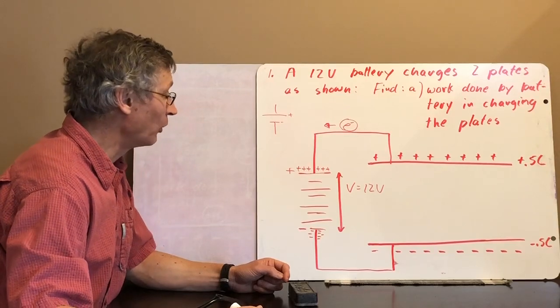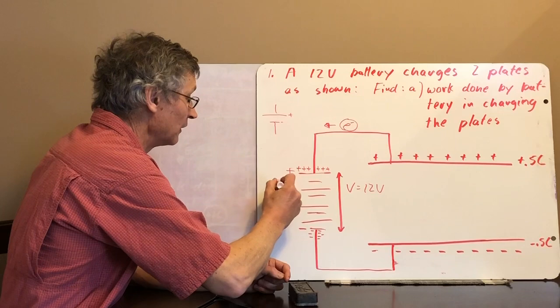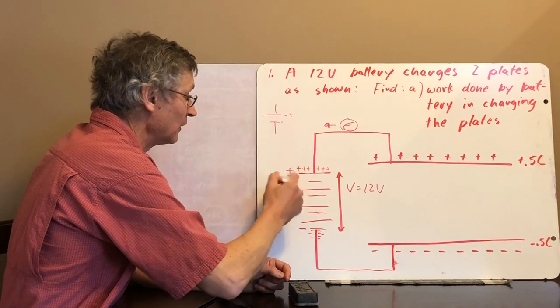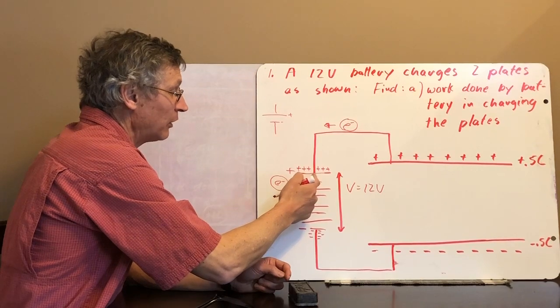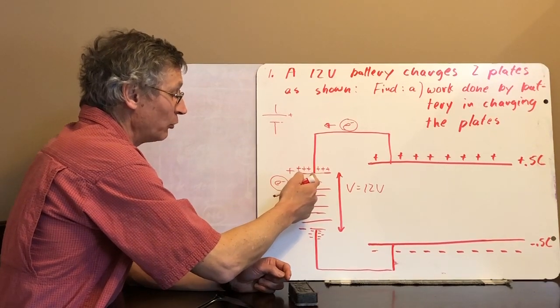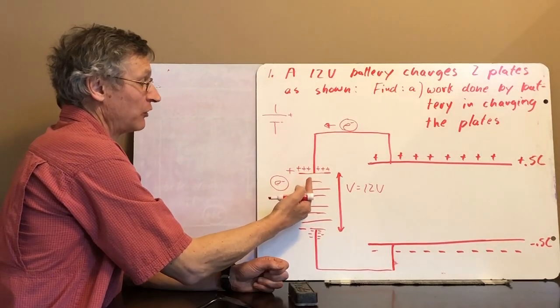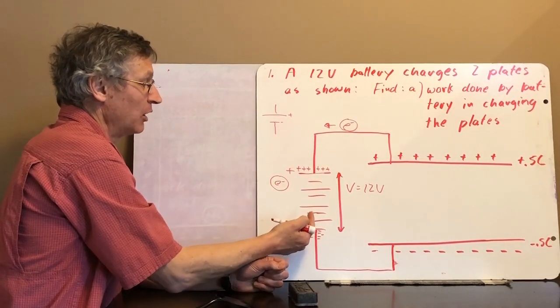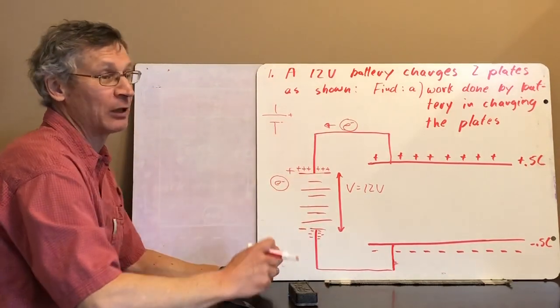And of course, once these electrons get to here, once they're sitting right there, they don't really want to go in this direction, right? Because the positives are actually pulling them up and the negatives are actually pushing them up. So once these electrons get to there, they're kind of reluctant to move.